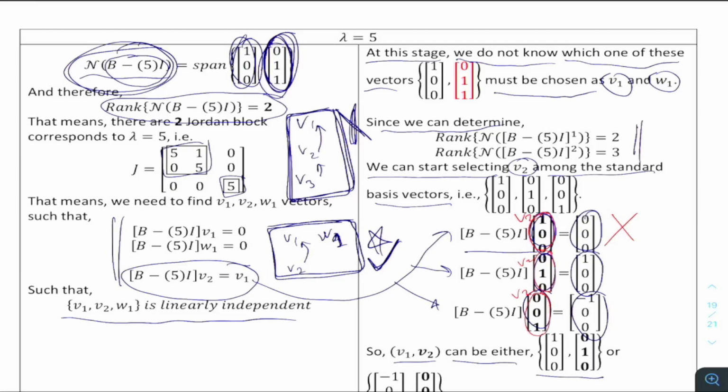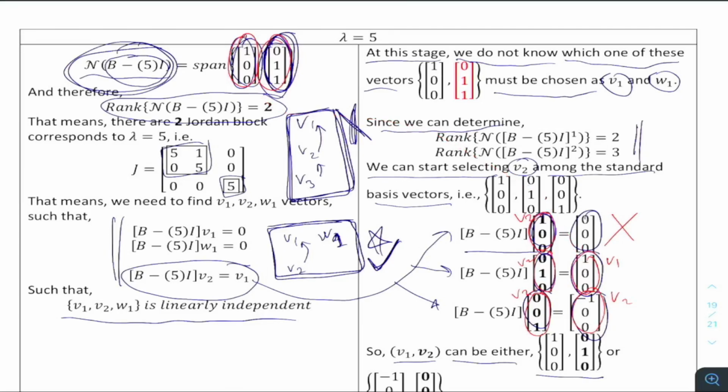That also implies v1 is either this or this. However, we compute our original v1 as one of those vectors, and as you can see here, those two vectors are linearly dependent.